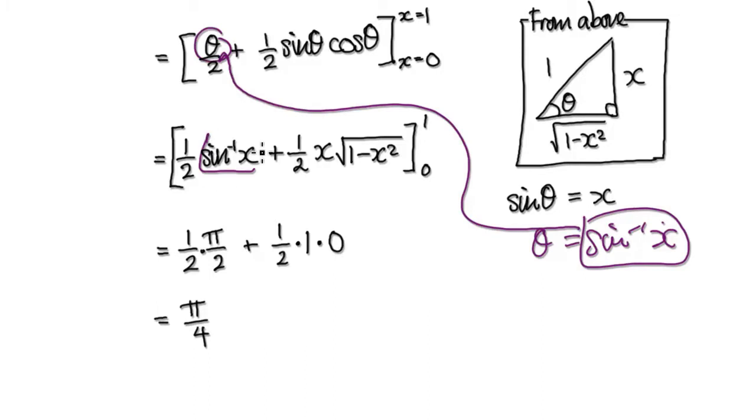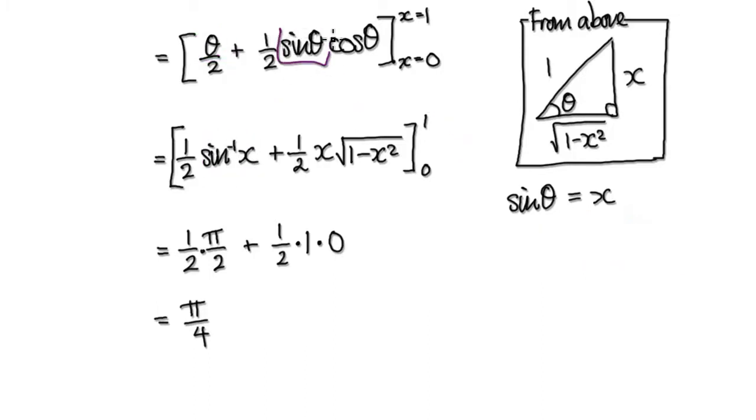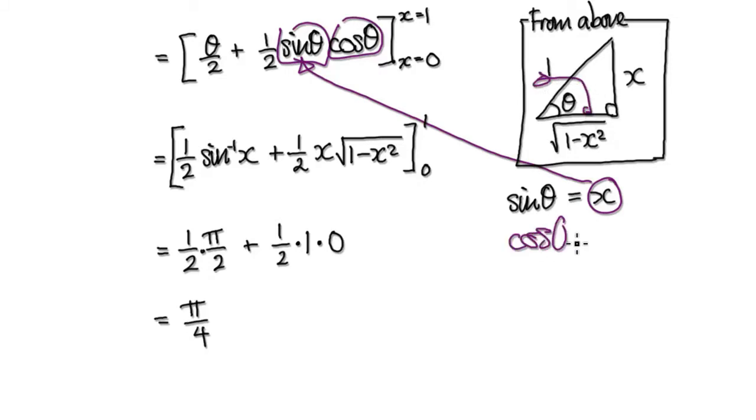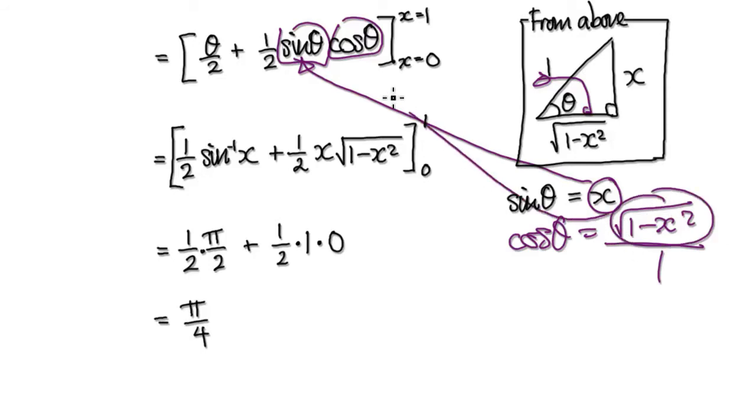That will then give us this. And then sine theta is given by x, so we can put this into here. Cos theta equals that square root thing over the hypotenuse, 1. So we can now put this into cos. That will then give us this thing here.